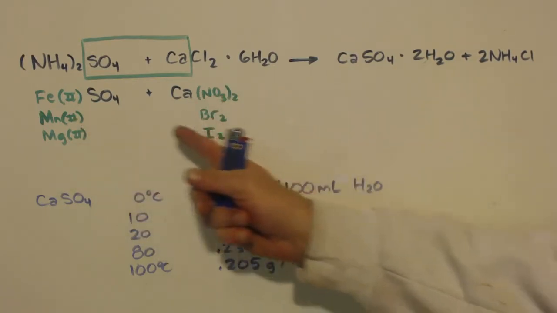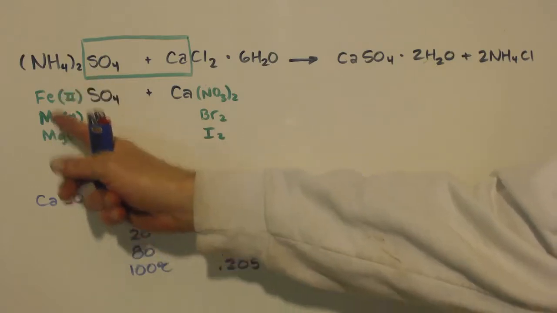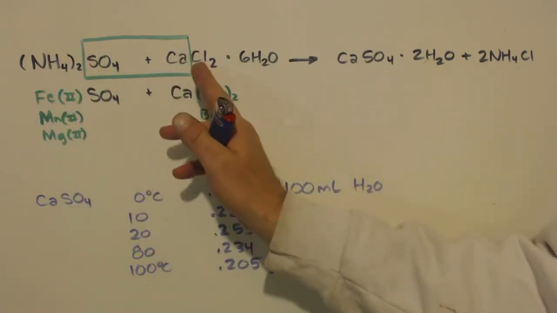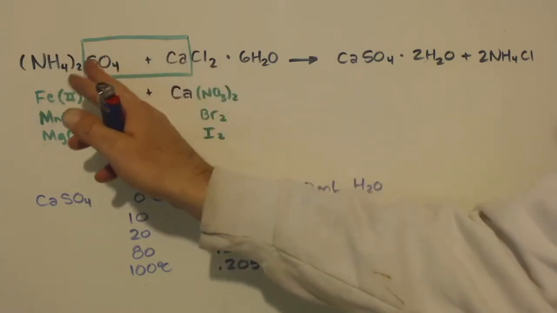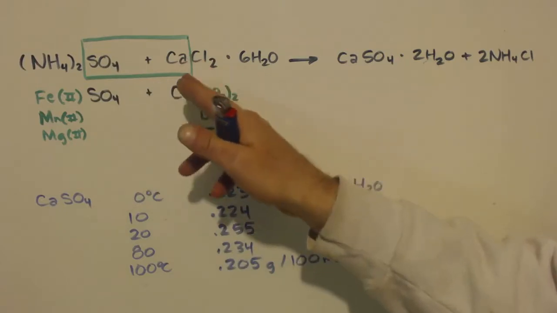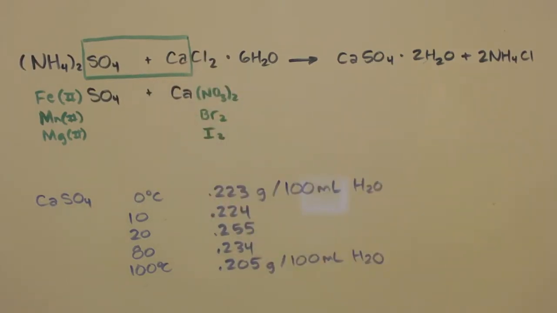Same here. These are my examples for here. Basically, I'm saying whatever salt you want, you would have the cation coming from the sulfate, and your anion coming from your calcium salt.